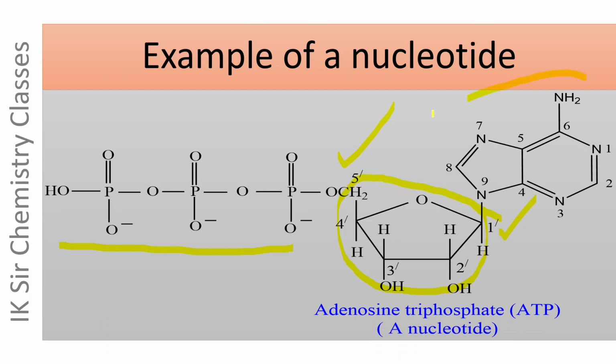This is adenosine and it has triphosphate group at carbon number 5', and therefore it is called adenosine triphosphate, which is abbreviated as ATP, which is a well-known biomolecule, and it is a nucleotide.